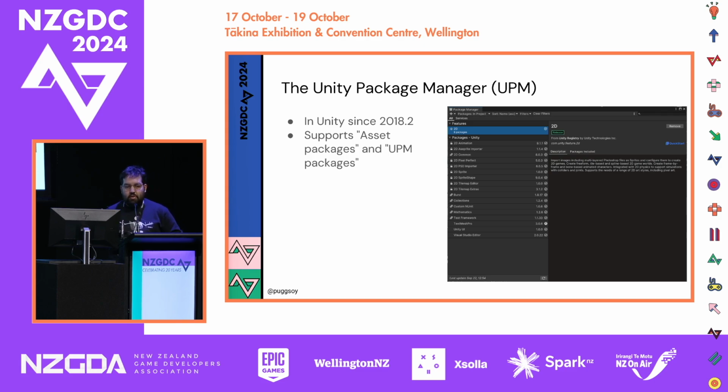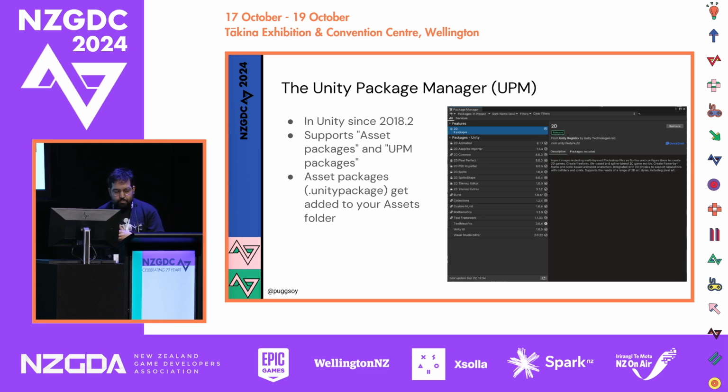UPM stands for Unity Package Manager. That means that you can get packages from the asset store, and those are the things that have .unitypackage on the end, and those were used quite often before UPM even came out. And that might be something that you're more familiar with.